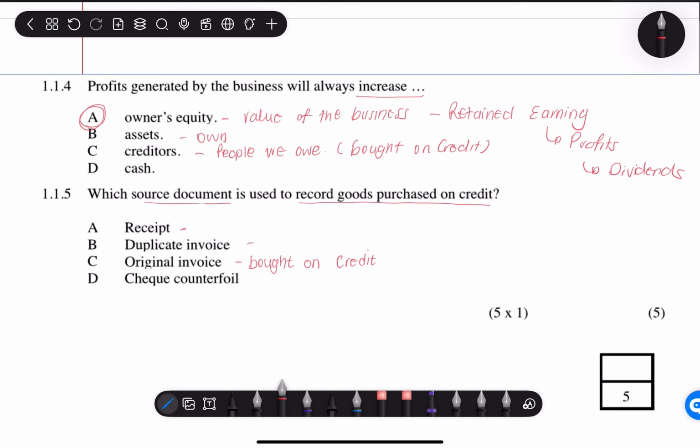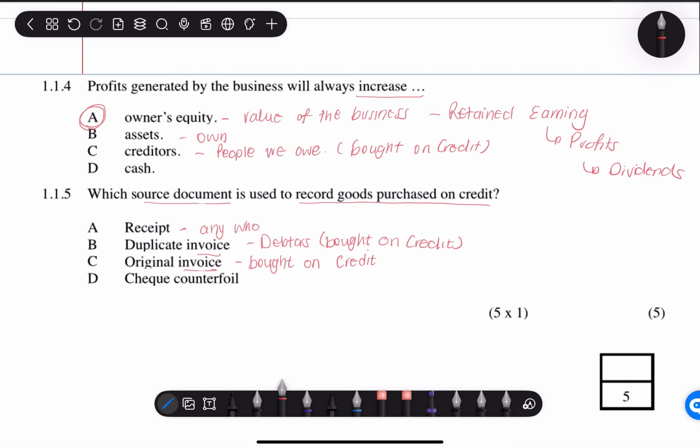Duplicate invoice. Have you ever seen when you go to a shop, they will give you the original invoice and they will keep the copy of it? Same thing, but invoice refers to credit. Duplicate invoice then is if someone bought from us, so our debtors bought. Debtors do buy on credit, but I'm just going to put in there on credit. So your debtors' copy here, and your receipts then is anyone who bought.